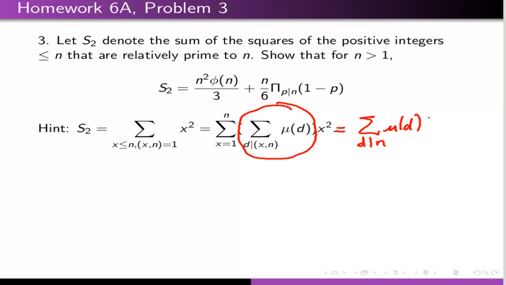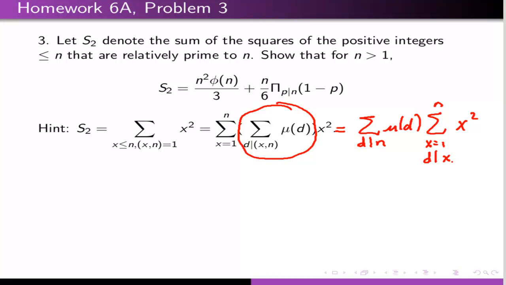Mu depends on d, and then x is running from 1 to n, x squared, and then d is a divisor of x as well. Right, to say d is a divisor of the GCD, that's equivalent to saying it's a divisor of both x and n.